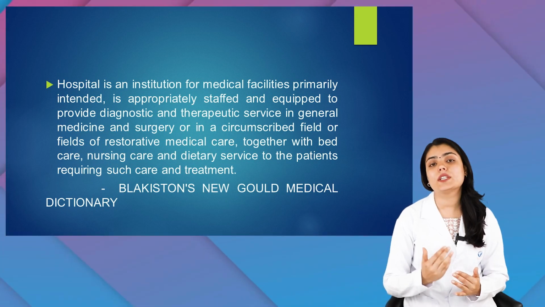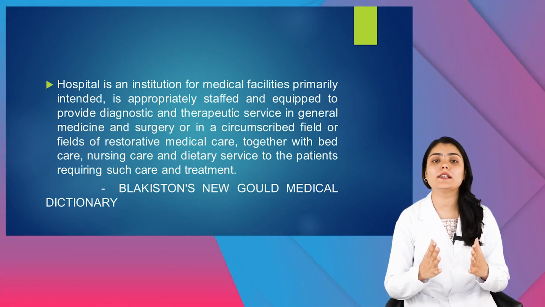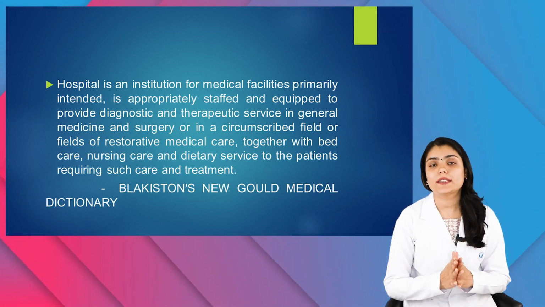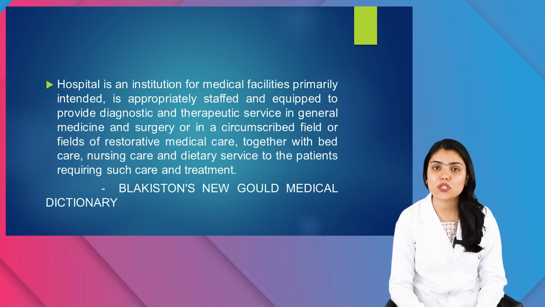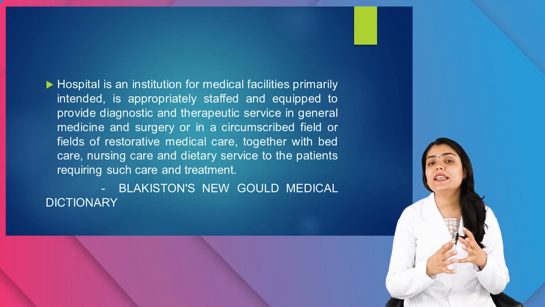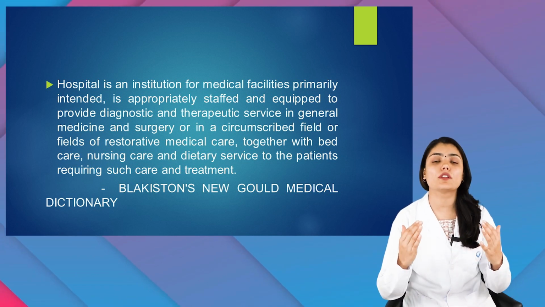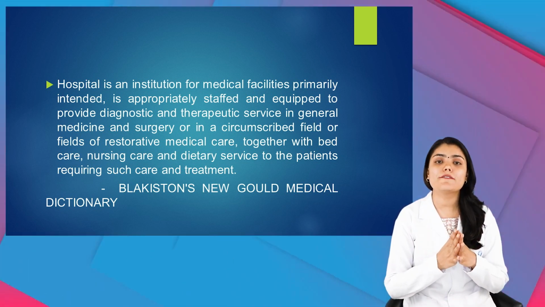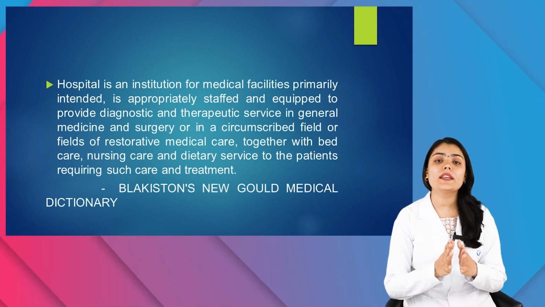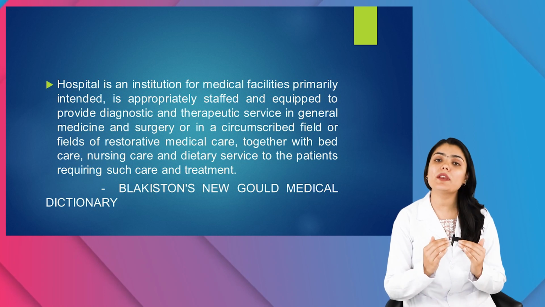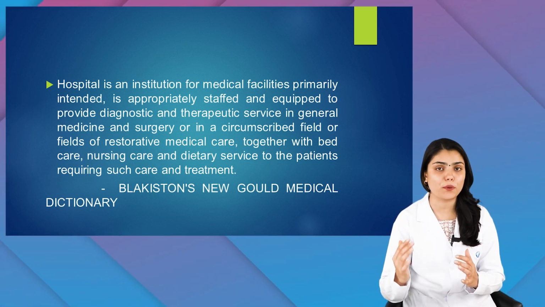The next definition that we are going to see is given by Blackstone Medical Dictionary. Have a look at the screen. Now, this definition describes the hospital as an institution which is primarily intended to provide medical care facilities for the population. So this definition defines hospital as a medical institution, wherein the primary function of the hospital is to provide the medical facility to the population.